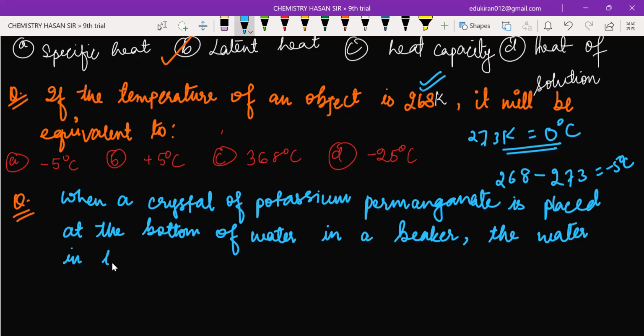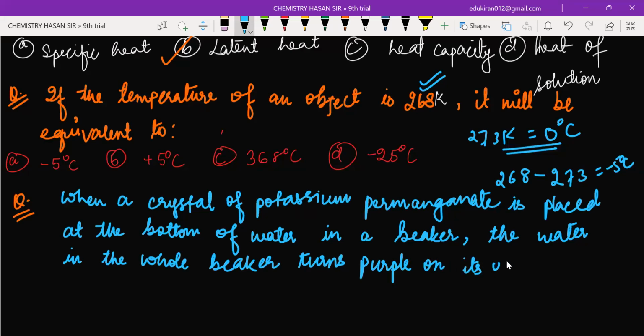The water in the whole beaker turns purple on its own, even without stirring.